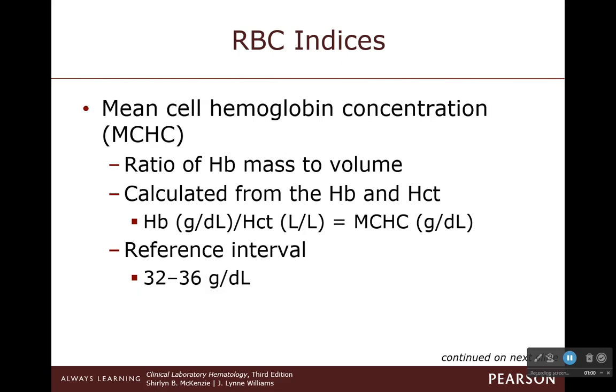Normal is 32 to 36 grams per deciliter, okay? These are known as normochromic.